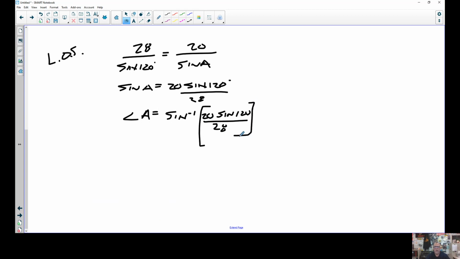So when we do that, first let's start with 20 sine 120 degrees. Divide that by 28. Take sine inverse, and angle A should equal 38.2 degrees.